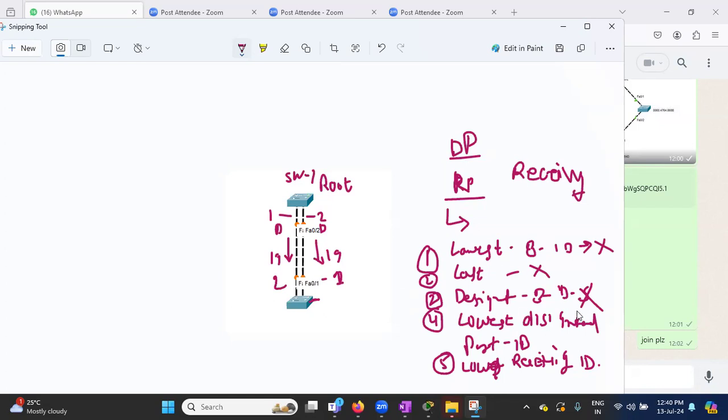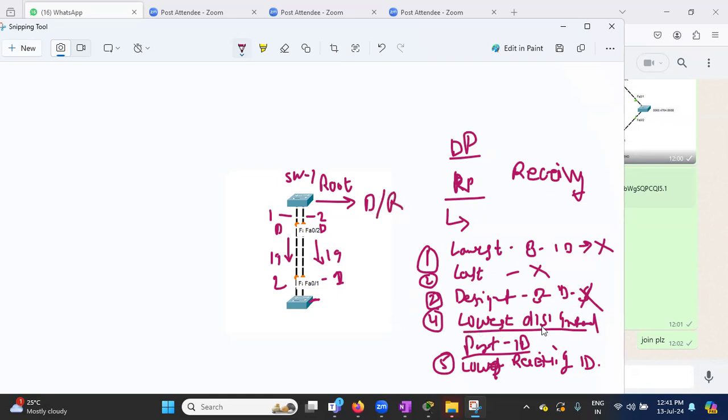Okay. Three conditions will prove. Fourth, lowest designated bridge ID. Lowest designated bridge ID means, is this the designated bridge or not. This is the root switch and designated switch. Both are the same, right? Agree? Yes. Designated and root, both are the same.